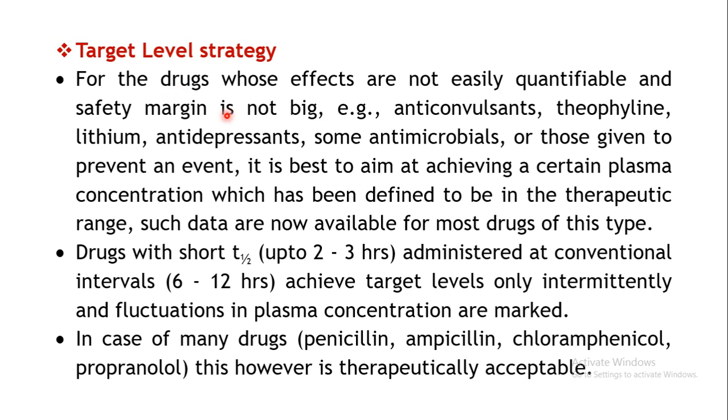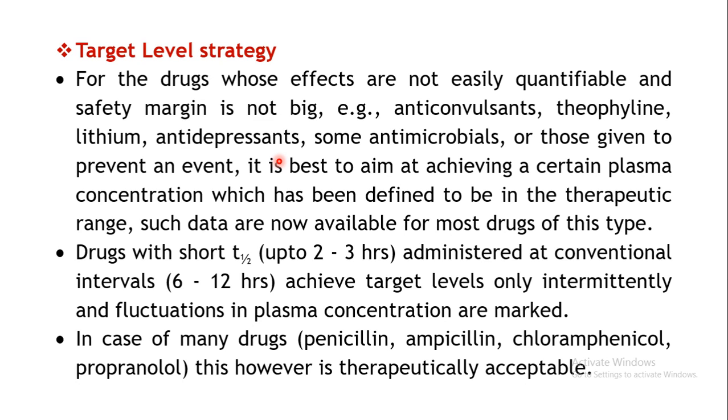Now supposing there is a drug which cannot be easily quantified, or the safety margin of the drug is not very large, like anticonvulsants, theophylline, lithium, antidepressants and so on. In this case you cannot wait for your drug to reach the steady state plasma concentration.